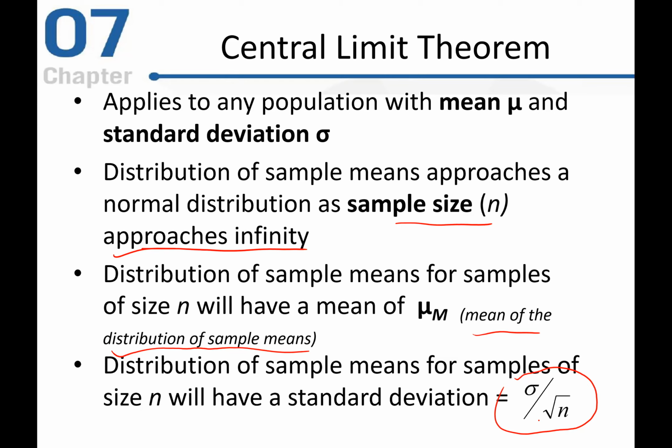A third important point is that the standard deviation as a measure of variability for the distribution of sample means is calculated like this, right? So in this way, you can get the variability: the standard deviation divided by the square root of the sample size. You can also get the shape, right?